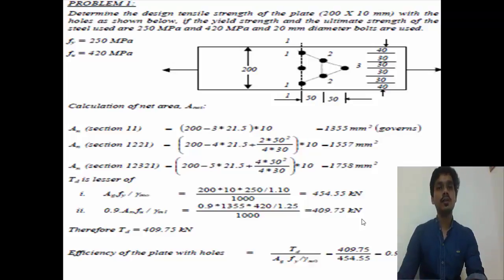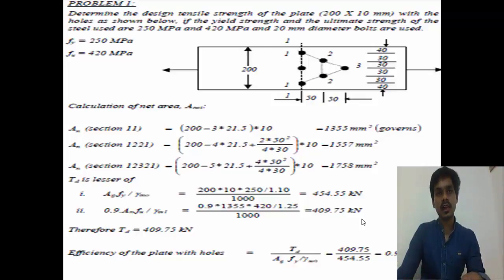We need to calculate the net area first, where in the given plate we need to divide the cross section at the bolts into sections 1-1, 2-2 and 3-3.